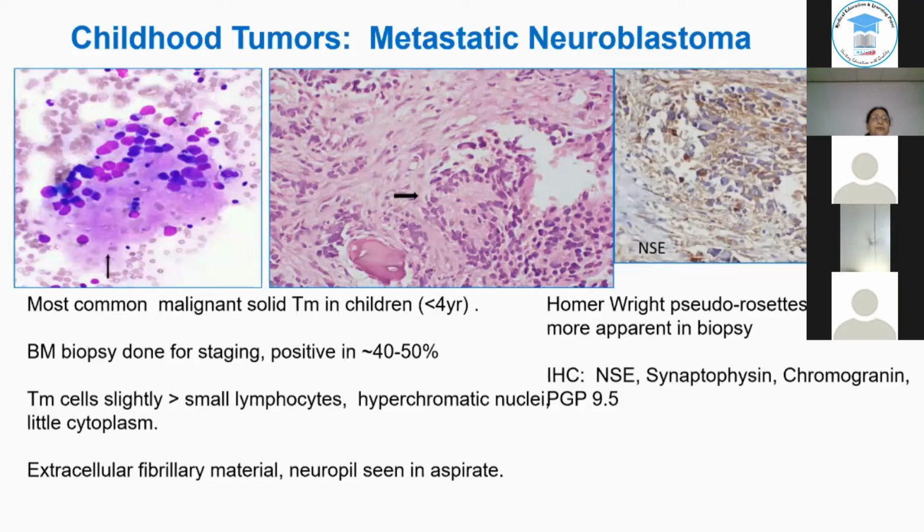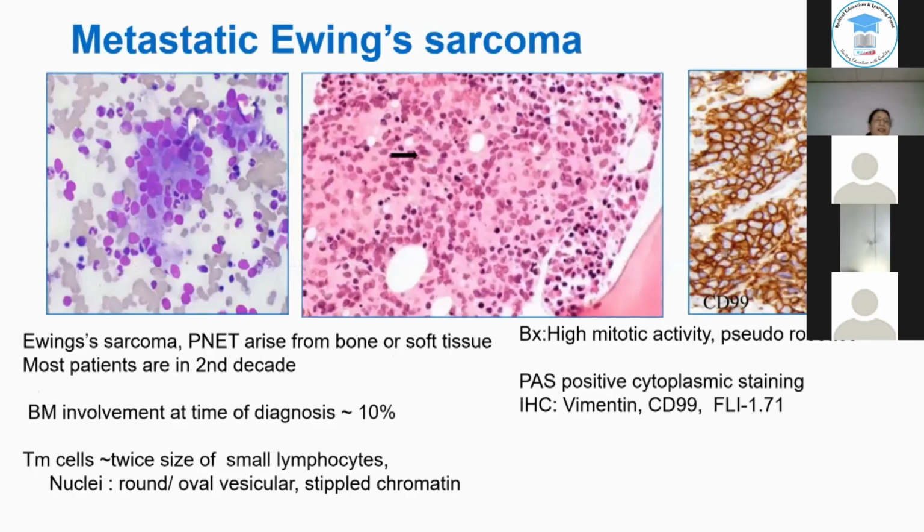Carcinoma, which may arise from 10% cases. And here you can see in the first picture, the tumor cells are approximately twice the small lymphocyte size.